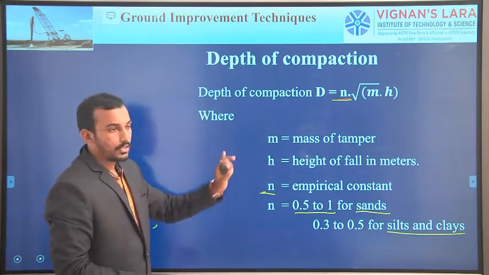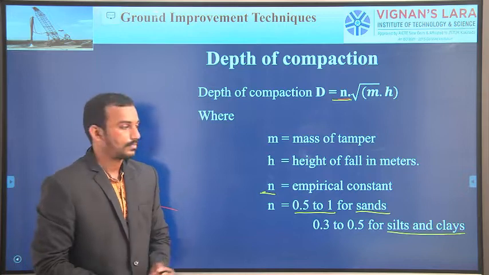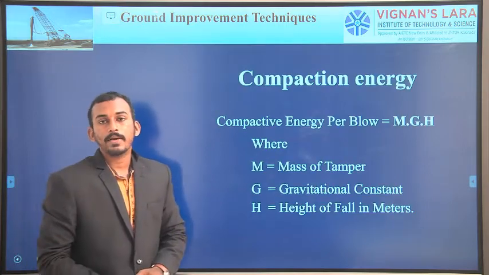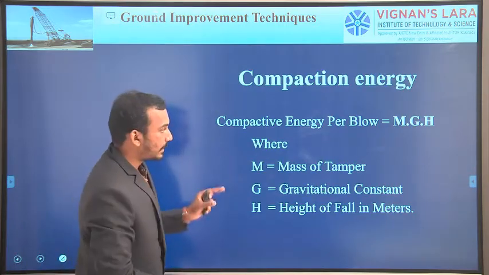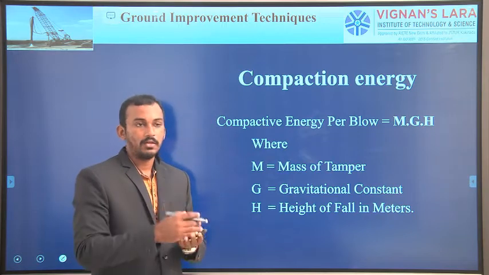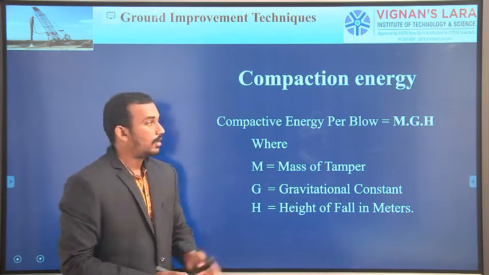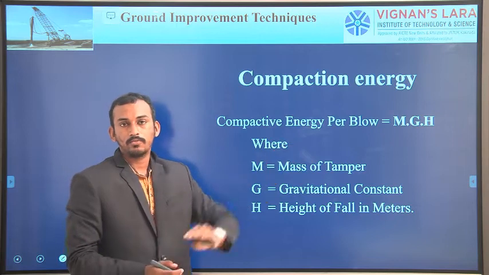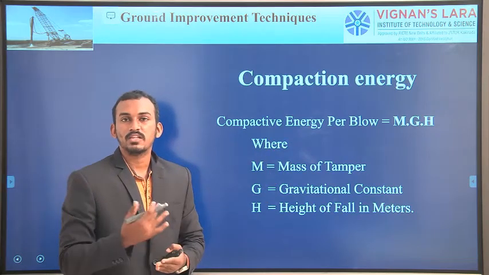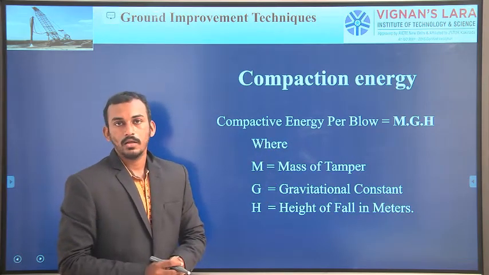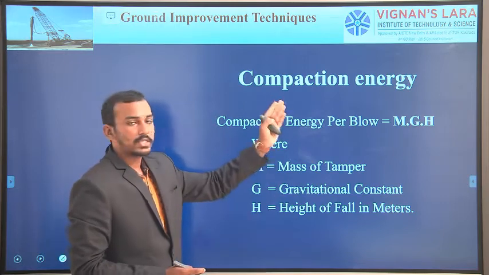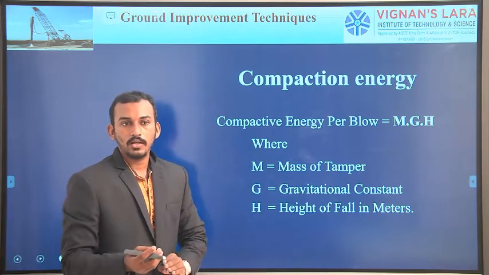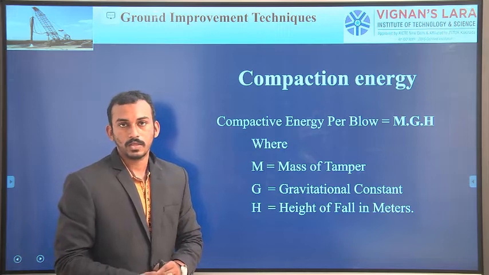Okay. This is also an important question regarding examinations. So the next one is compaction energy. The depth of the compaction is required to find up to what depth we are going to compact, whereas compaction energy is required to find whether the soil structure is going to break or not. If more compaction energy is generated, then the soil becomes a powder form. Okay, we need to prevent that.